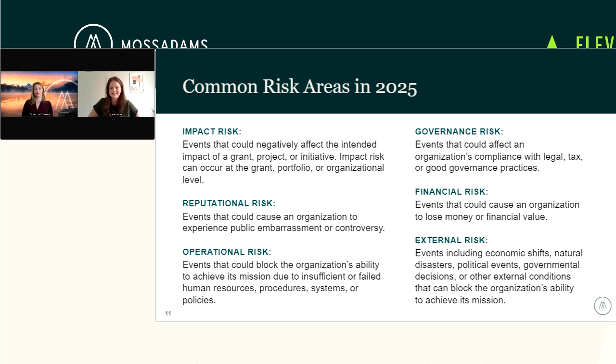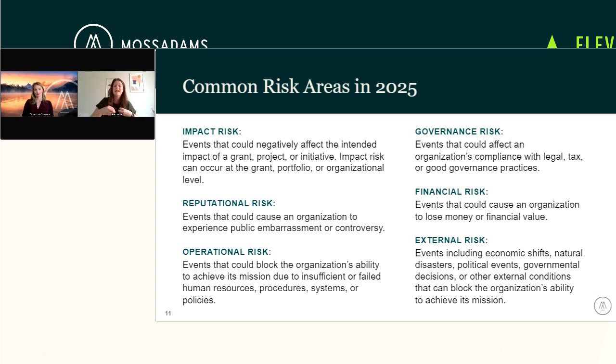Oftentimes we're seeing things like staff turnover right now, or challenges with vacancy rates, since we're hiring the right people into the organization is where we're seeing this show up a lot, as well as with inadequate systems. That can be a major challenge for organizations when we have systems that just aren't working for us or meeting our needs, or they're not integrating well together. And so we end up with a lot more manual processes.